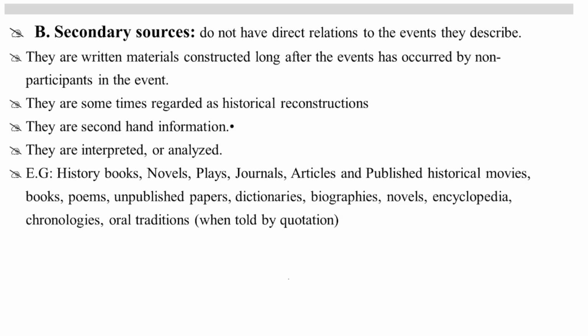Secondary sources do not have direct relation to the events they describe, both in time and place. Secondary information is what they are called. They are written materials constructed long after the event has occurred by non-participants in the event.